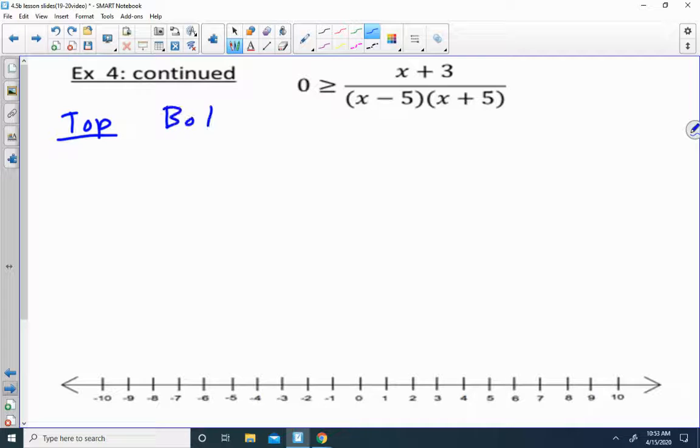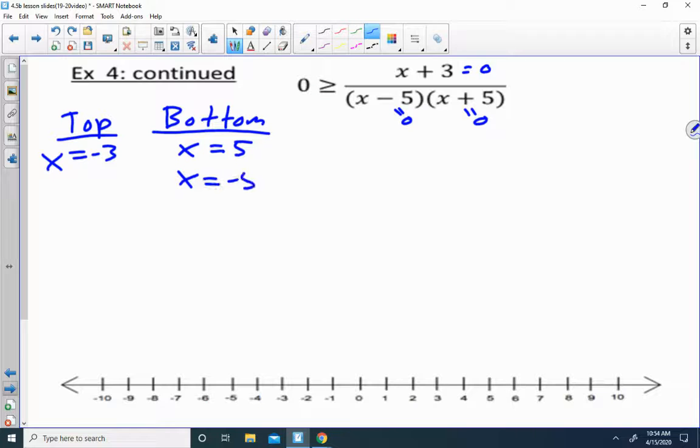Take the top and the bottom, set them equal to 0, and see what we get. Take the top, set it equal to 0. You're going to get x equals -3. For the bottom, you're going to set both factors equal to 0, which means you're going to have two bottoms. You're going to have x equals 5 and x equals -5.